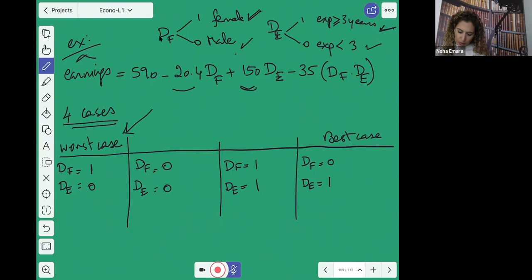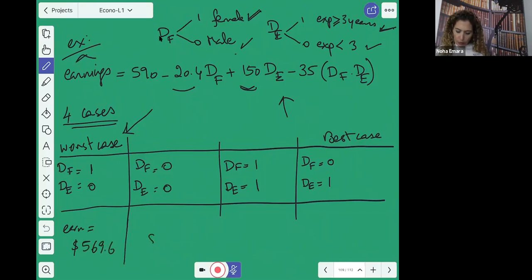If you plug 1 and 0 into this equation and solve for the earnings, you would find earning is equal to 569.6, then 590, then 684.6, and then 740.